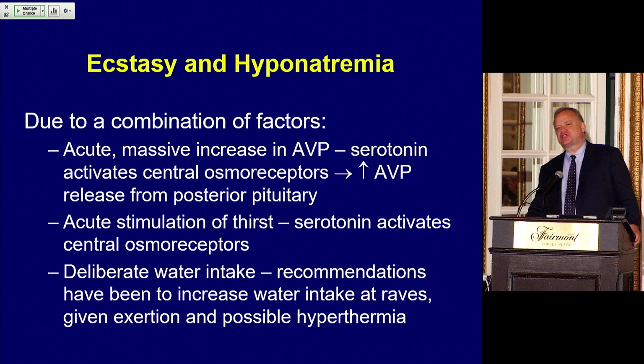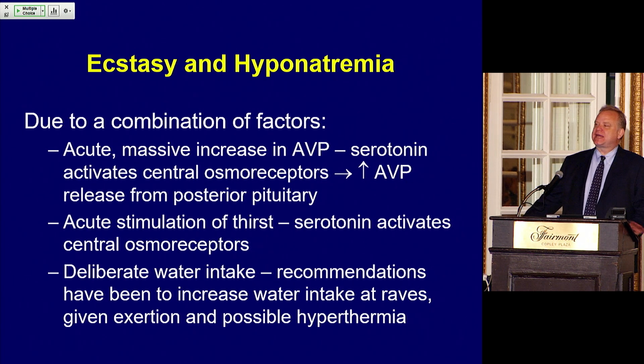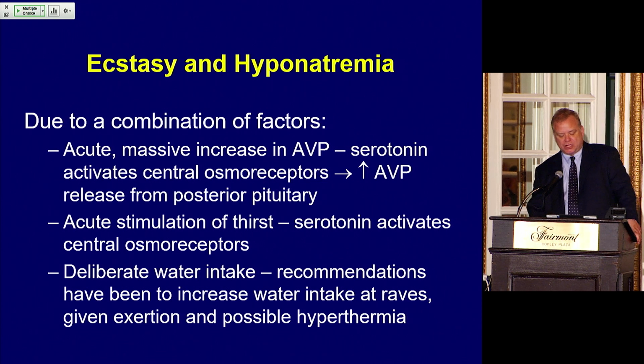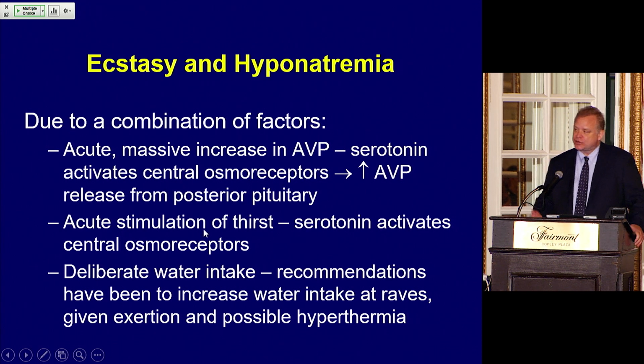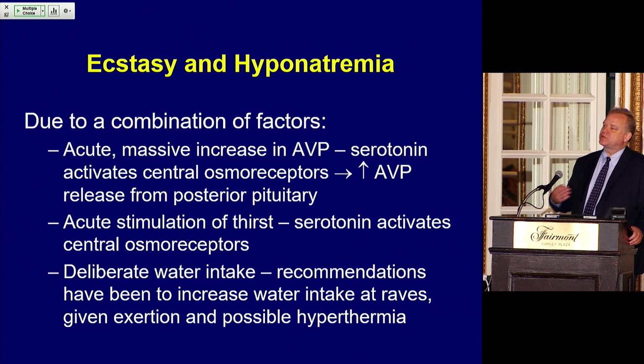There have, however, been patients who presented to the emergency room after taking 5 or 10 tablets of ecstasy as a suicide attempt and then became intensely thirsty, and in the emergency room drank 3 liters of water and became acutely hyponatremic, literally in front of the physician's eyes. So here you get an increase in vasopressin. We saw a single dose can do that with ecstasy, but there's also this acute stimulation of thirst because serotonin activates the central osmoreceptors that turn on thirst as well as vasopressin.